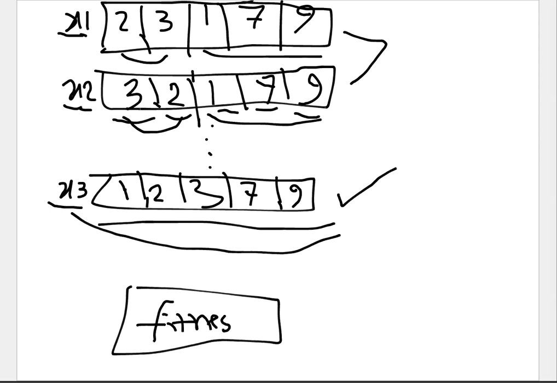Get x, for example x1, and it produces, for example, 5. x2, for example, 6. So we say x2 is better than x1 because the fitness value is more than x1.